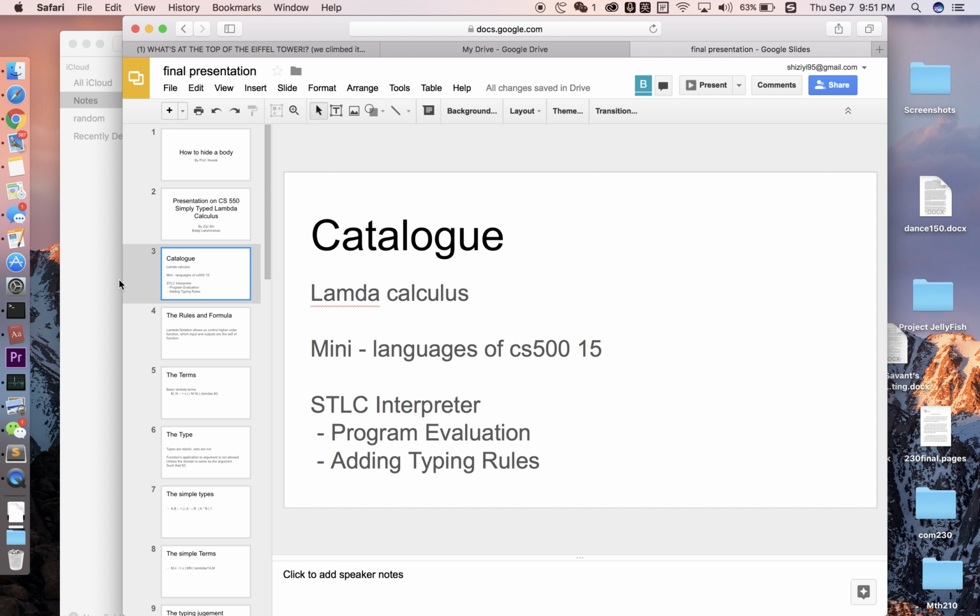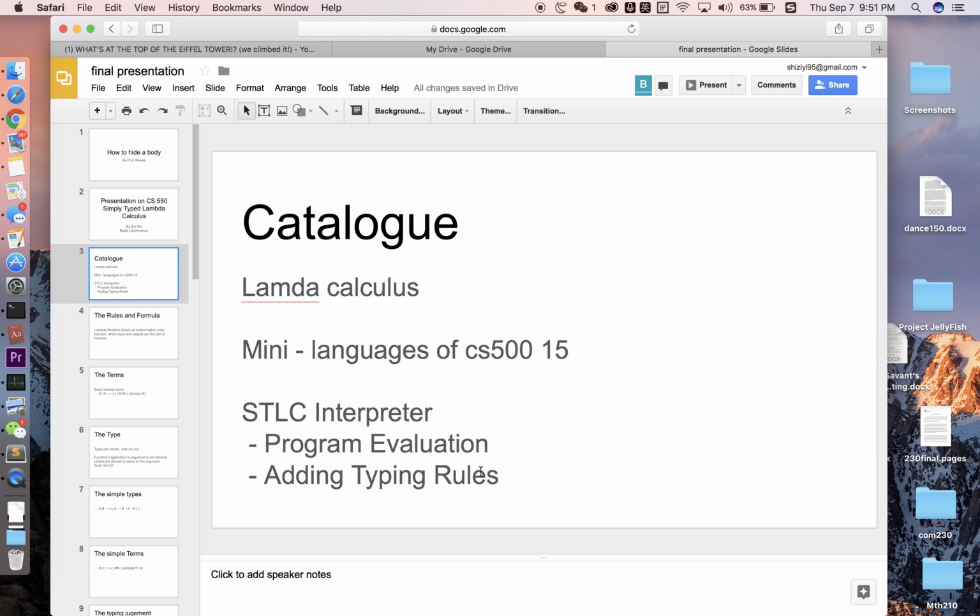Are you recording? You just said like fuck and shit, all that. It's okay, it's for the views. It's for entertainment purposes. No, dude, it's good. I'll delete that in the post. Catalog. Just start again. It's a presentation. We're wasting time. Catalog. Lambda calculus.